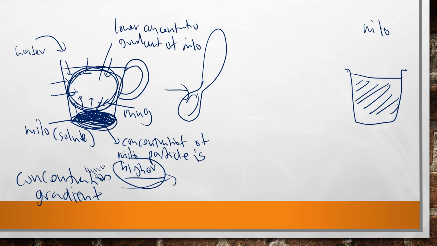Maksudnya tidak ada zarah partikel dekat sini. Sangat kurang zarah partikel Milo dekat sini. So diffusion akan berlaku. So itulah yang dimaksudkan dengan diffusion, iaitu the net movement of particle from higher concentration gradient to lower concentration gradient. Okay?